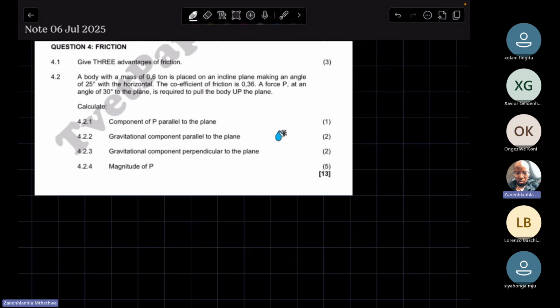A body with a mass of 0.6 tons is placed on an inclined plane making an angle of 25 degrees with the horizontal. The coefficient of friction is 0.36. A force P at an angle of 30 degrees to the plane is required to pull the body up the plane.